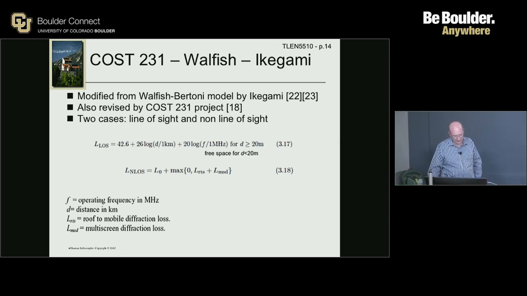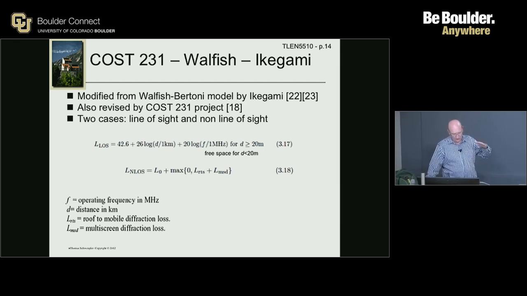And then if you are in non-line of sight, that's where things get a little complicated in the Walfisch model. They say there's, again, a distance term L0, which is what happens in free space, an unobstructed type of environment, plus a bunch of things.